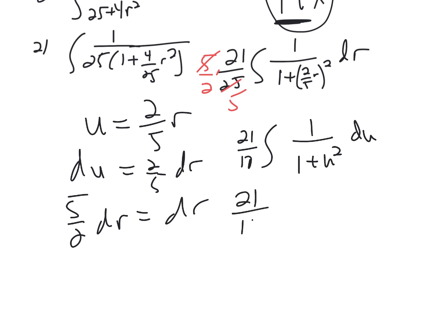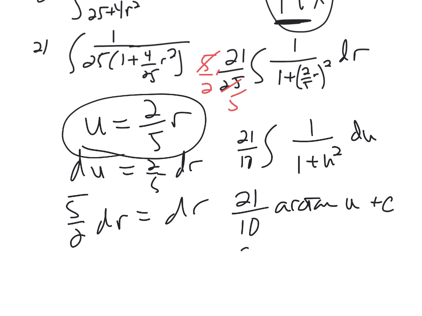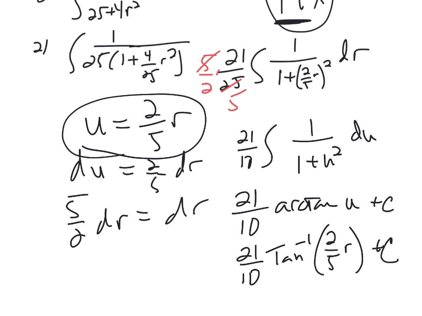So 21 over 10 arctan of u plus a constant, where u is 2/5 r. So 21 over 10 arctan, and of course, myLab won't let you write arctan. They'll want you to write it out this way, of 2 over 5r plus a constant. And that's that antiderivative.